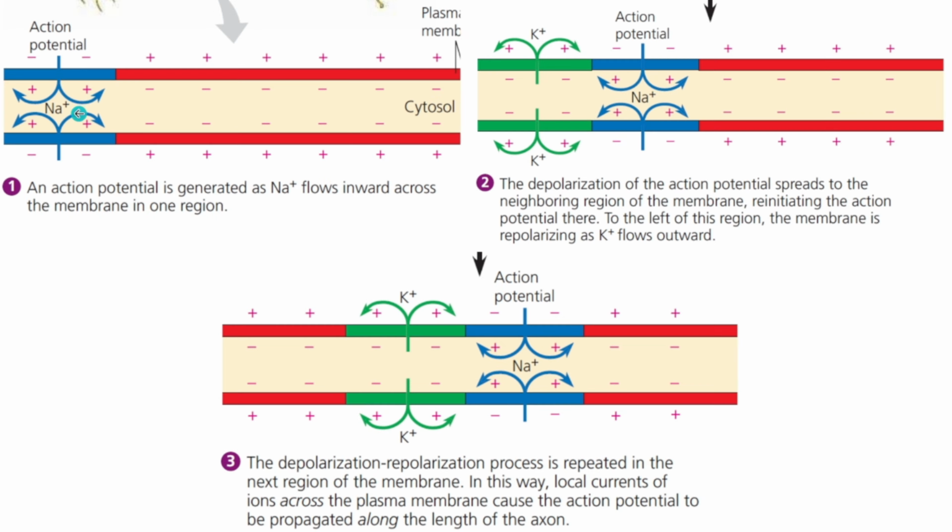So once the sodium ions are coming into the first region, it starts to depolarize the second region. Why? Because it creates an electrical current from here that can affect the second region. Normally, during depolarization, the affected area of the membrane is more positive compared to the adjacent region where the membrane is still at rest.